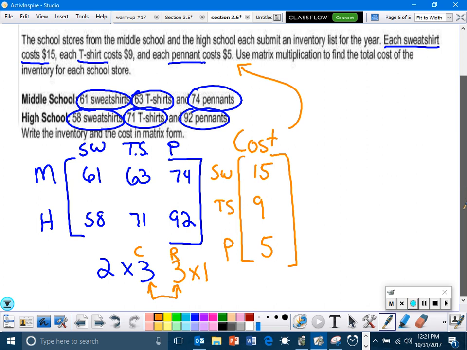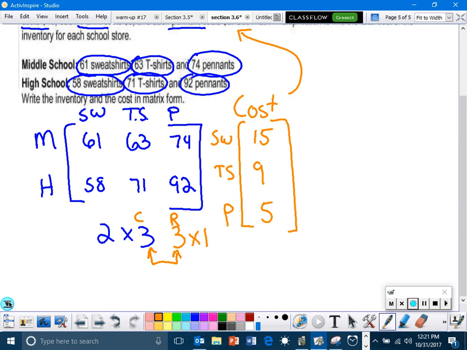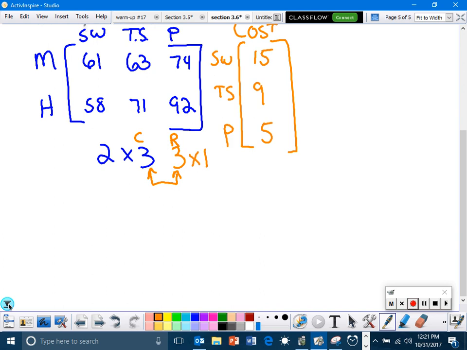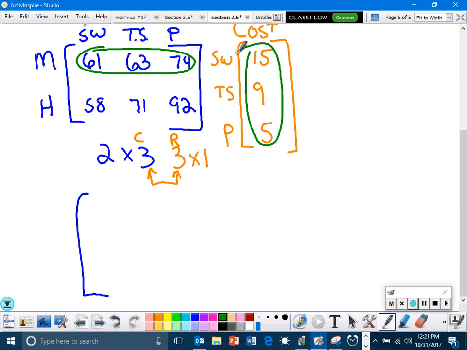We're going to multiply these together. Let me move this down a little bit. Okay. So, color coding. Green. All right, so we're going to take this row, and there's only one column there. Now, our new matrix is only going to be a 2 by 1.